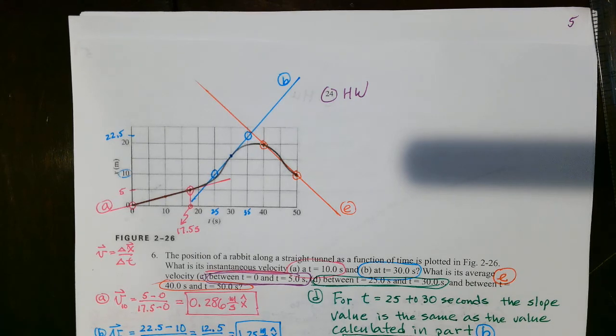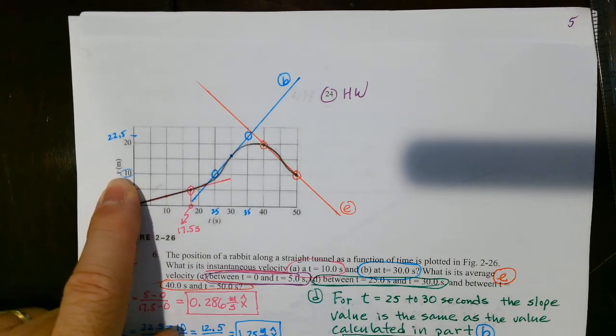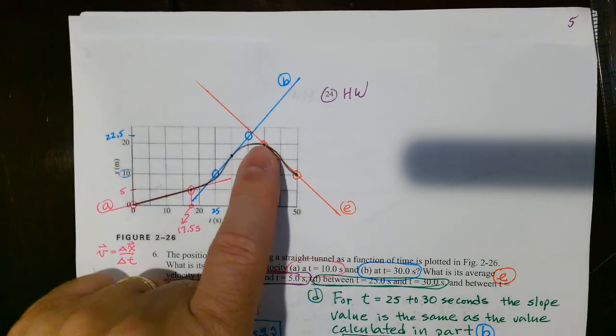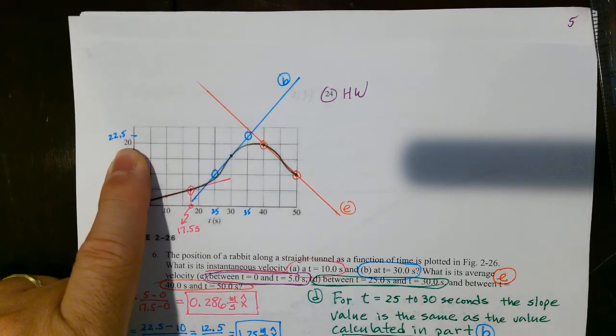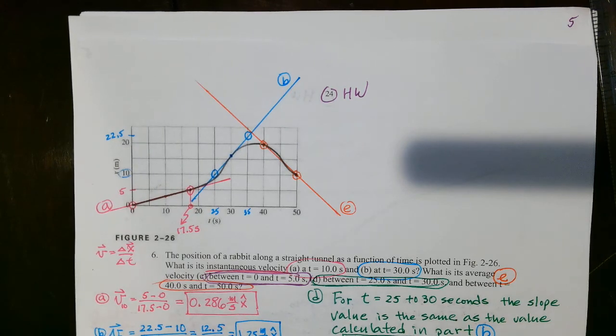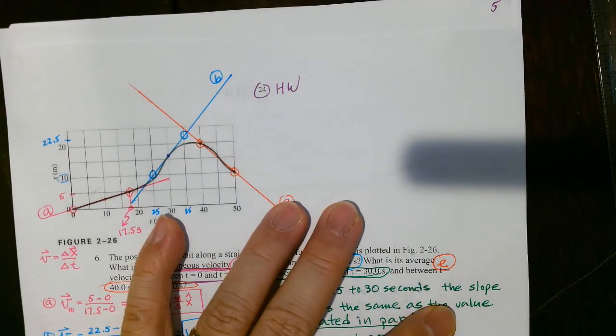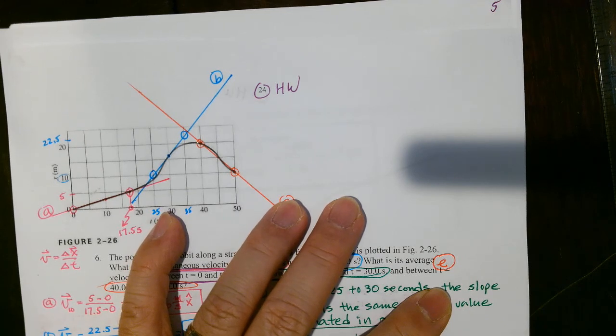Well, x50 looks like 10 meters minus x40 looks like 20 meters. It looks like a little less than that, but I'm going to say it's close enough to be 20. Divide that by t50, which is 50, minus t40, which is 40. Therefore, that is equal to negative 10 meters over 10 seconds.